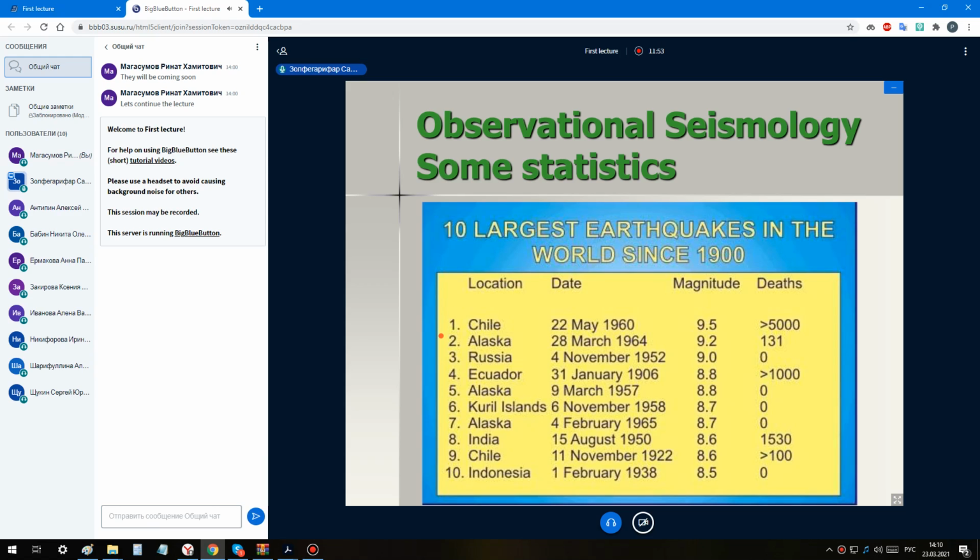The largest earthquake in the world since 1900 was in Chile on 22 May 1960. The magnitude was around 9.5, and during this earthquake around 5,000 people died.